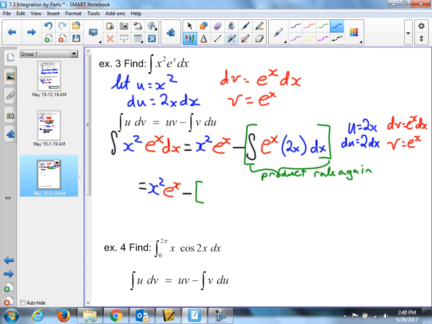So where was I? uv, 2x e to the x, subtracting the new integral, v and du, e to the x. Wrong pen. I'm going to leave space in front of e to the x.